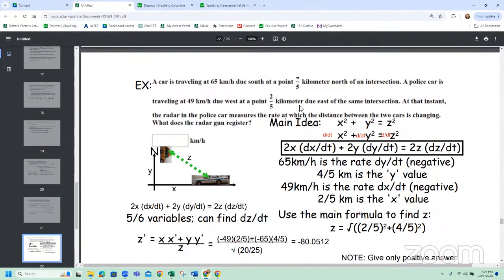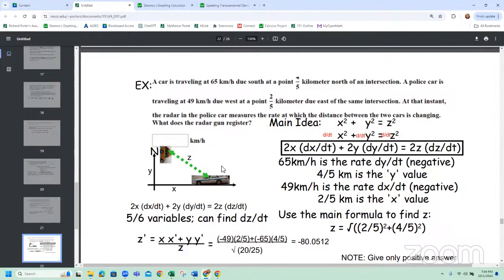It's a value. There's no word per in it. It's 4/5 of a kilometer. How about 49? That one says 49 kilometers per hour. Is that a rate or a value? It's a rate, thank you, Alicia. And 2/5 is a value.